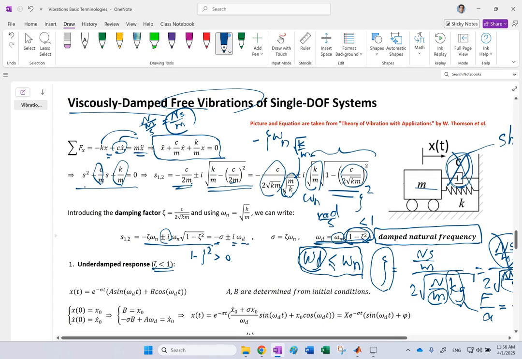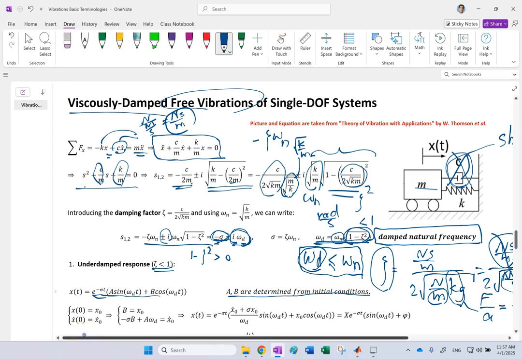And you know, when you have complex roots with real parts, your solution is going to be what? It's going to be a harmonic portion due to this omega d, and this negative sigma is going to be a decaying exponential. So your solution is going to be e to the negative sigma t, because negative sigma is the real part of your roots, times a sine omega d t plus b cosine omega d t. Okay, where a and b are determined from initial conditions, the way I'm about to tell you.